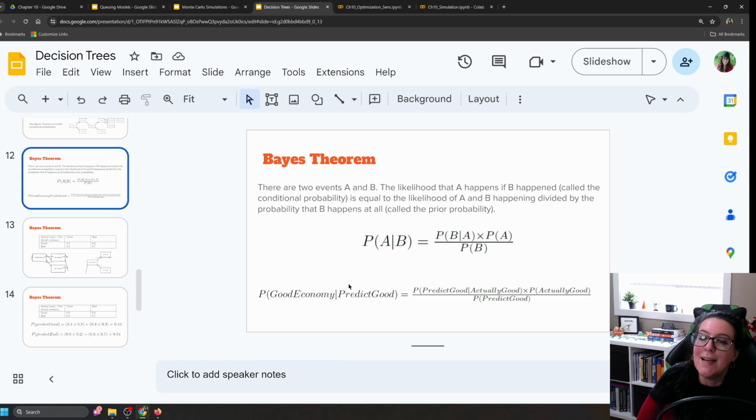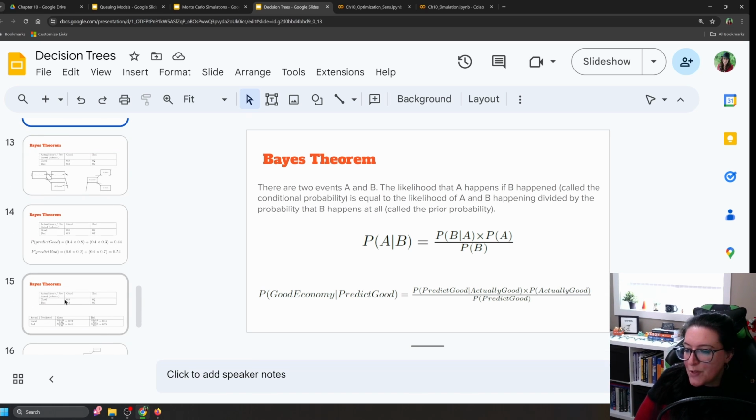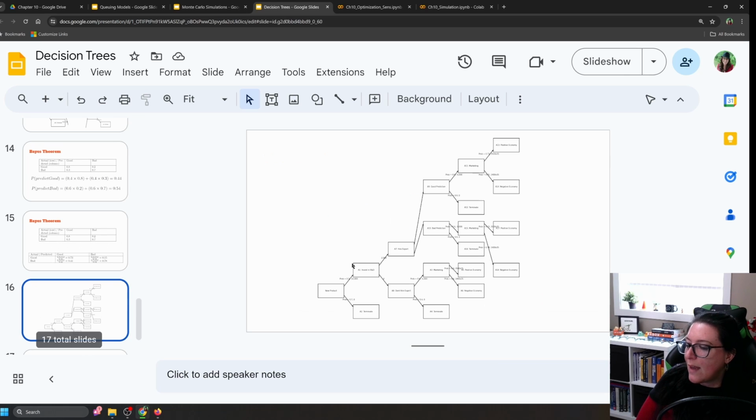Once we have the probability of predicting good, we can find the probability of a good economy given that they predicted good. So we need the probability that it's actually good, the probability that they predict it's good, and the condition of predicted good based on it actually being good.